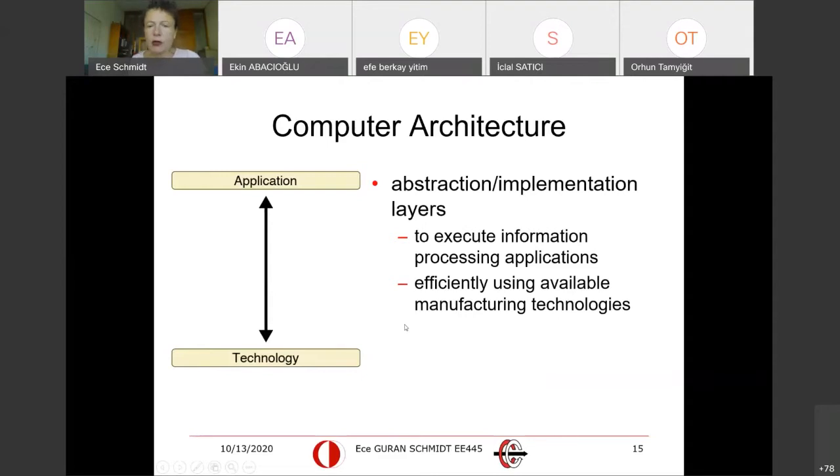Okay, so now what are we trying to do? There is always some technology change. People invent new ways of building semiconductors, new ways of building these very, very small components for computation. So the technology is evolving. At the same time, there are applications that are using this technology, and applications are evolving as well.